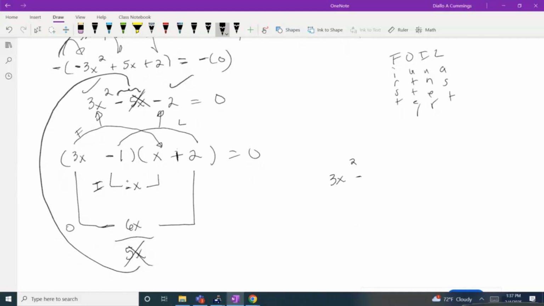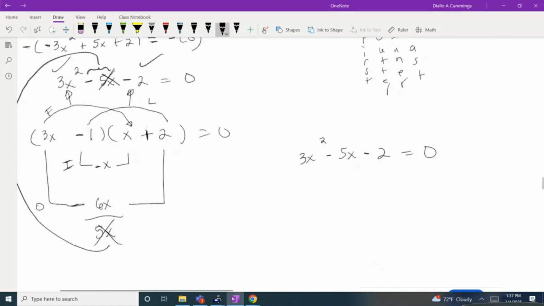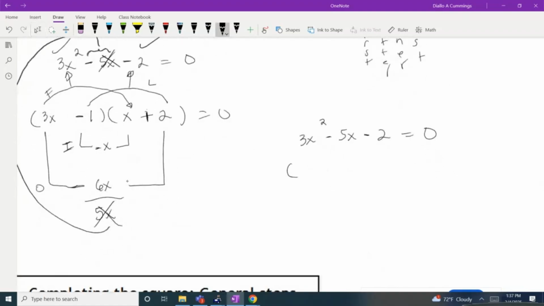3x squared minus 5x minus 2 is equal to 0. I want to make two sets of parentheses. I'm still going to use 3x and x. But this time, I'm going to use a +1 and a -2.